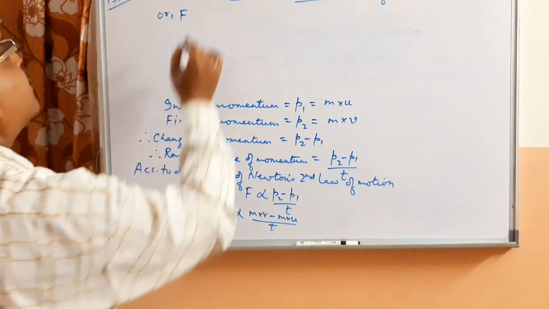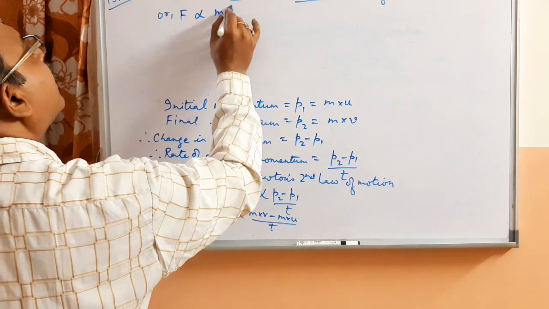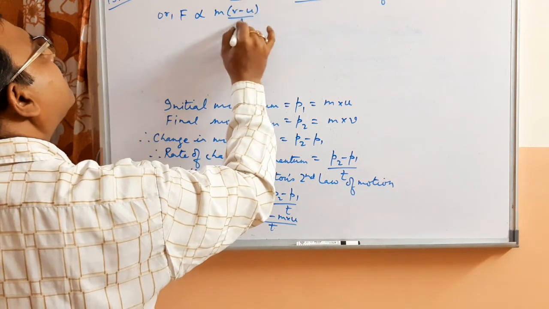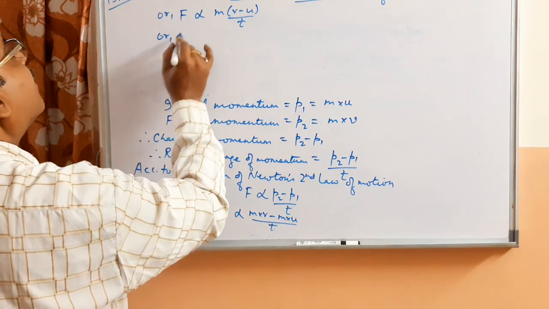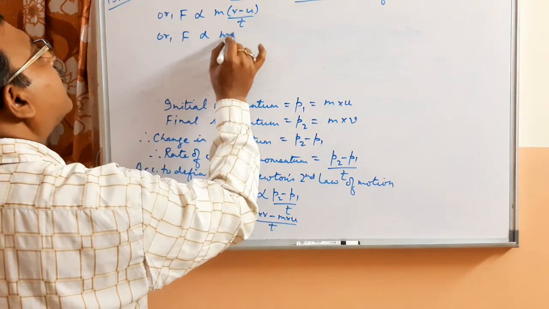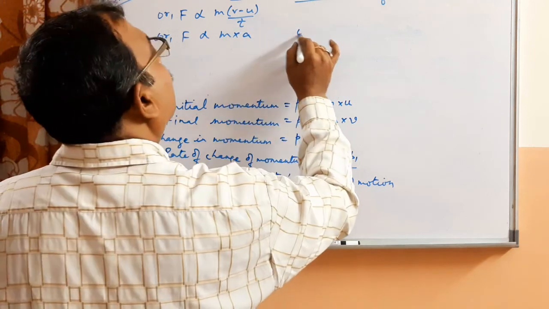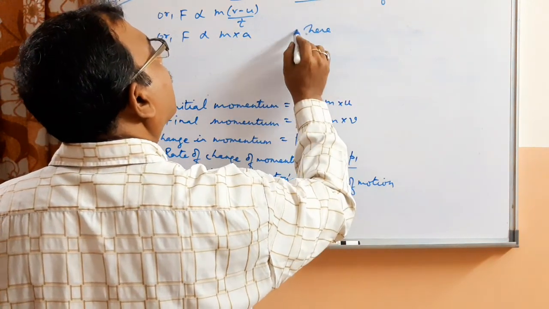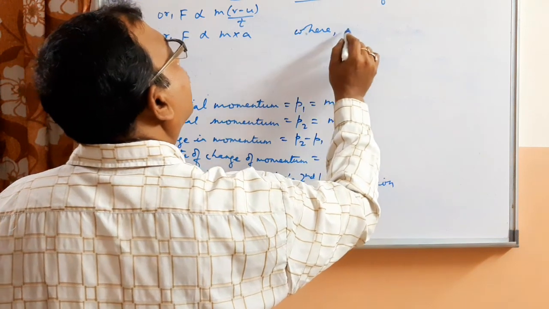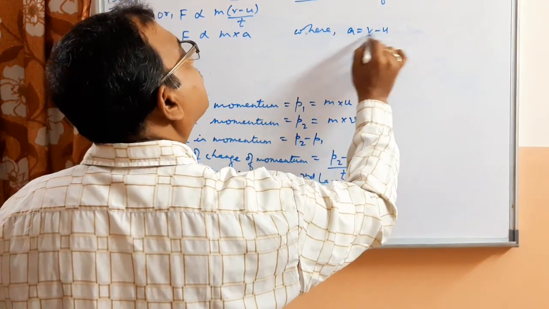F is directly proportional to m into (v minus u) by t, or F is directly proportional to m into a, where a is equal to (v minus u) by t, from the first equation of motion.